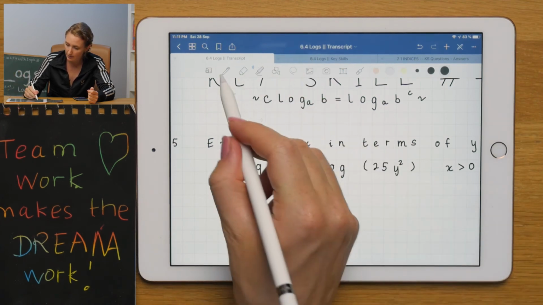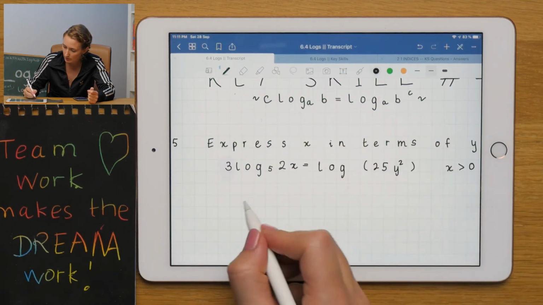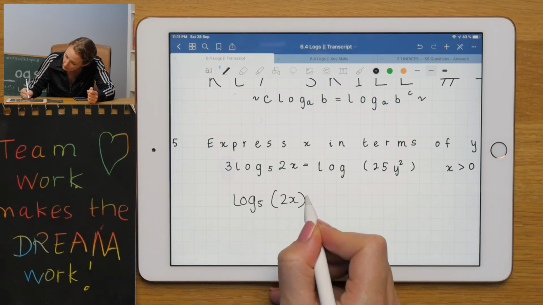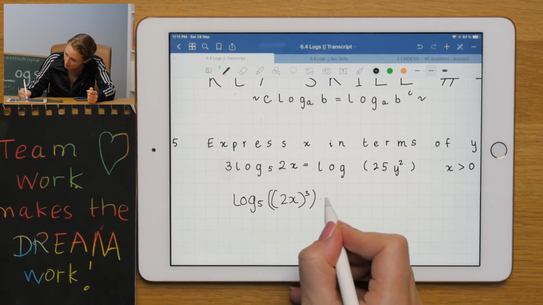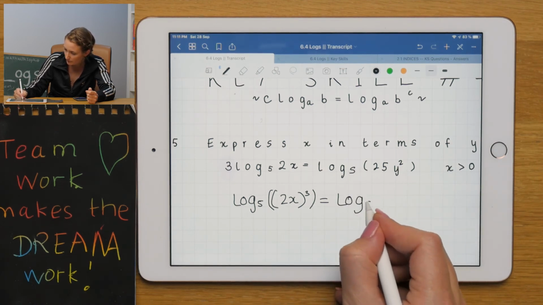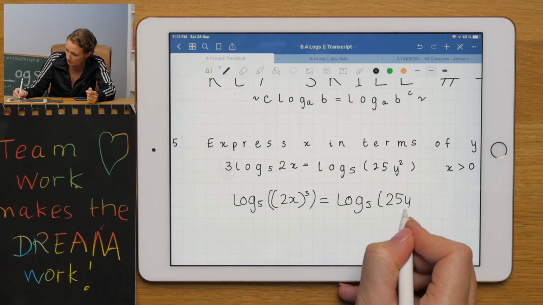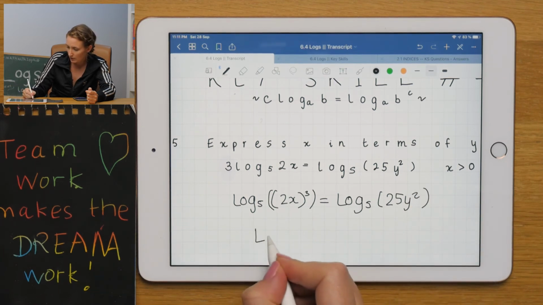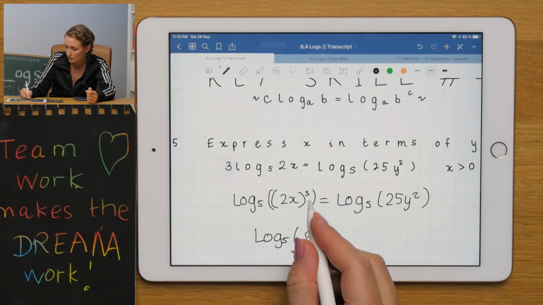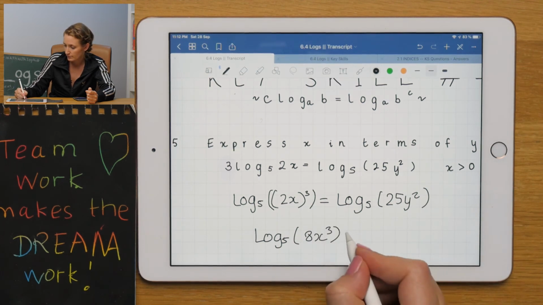Here, this one, we can put up. Log 5 of 2x cubed. I think I'm missing a 5 there. So again, 2 cubed is 8, x cubed.